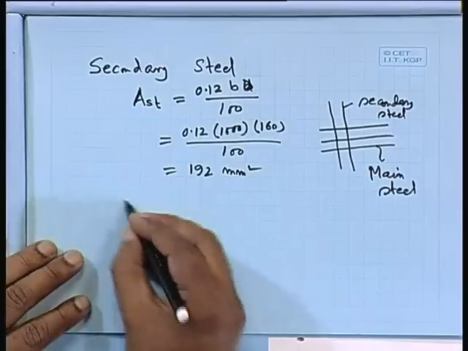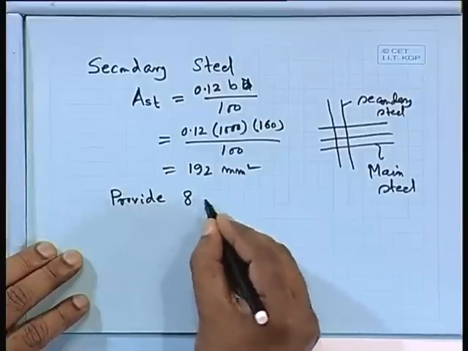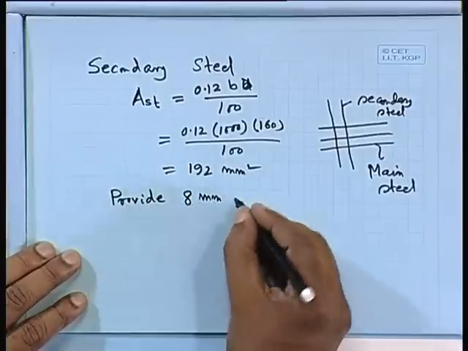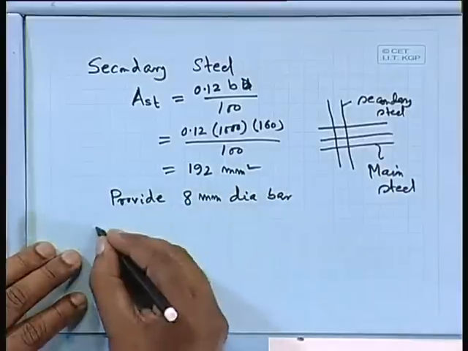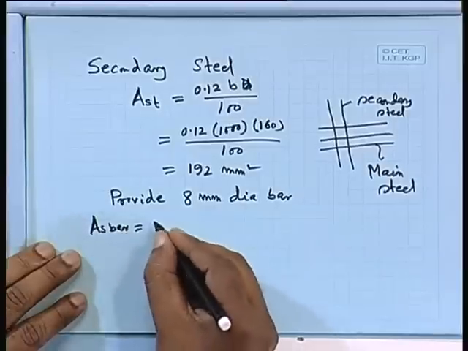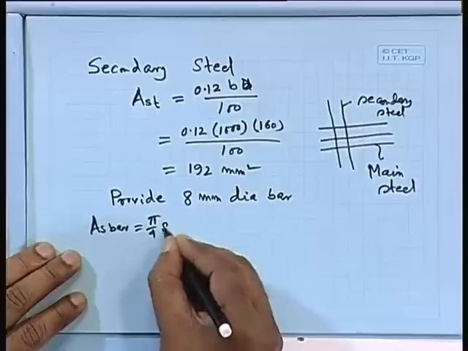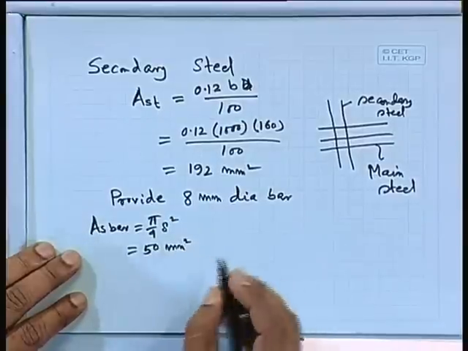So, if we provide an 8 millimeter diameter bar, the area of the bar comes as 50 square millimeter.